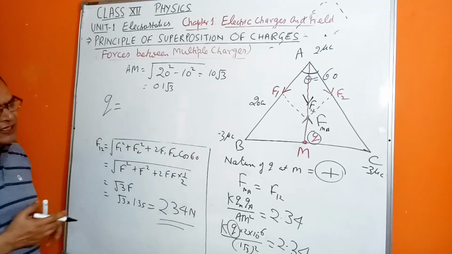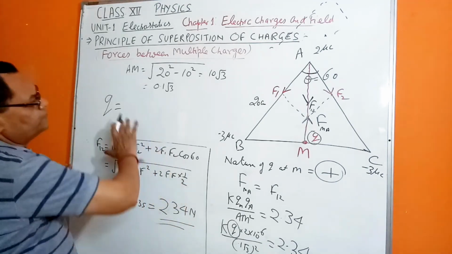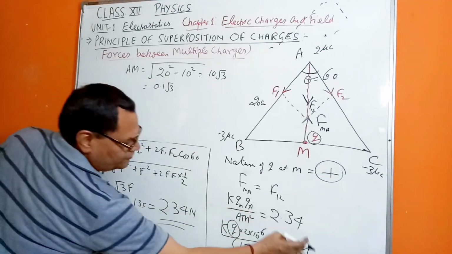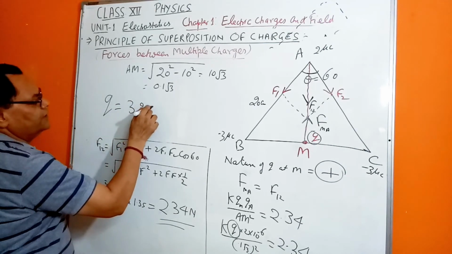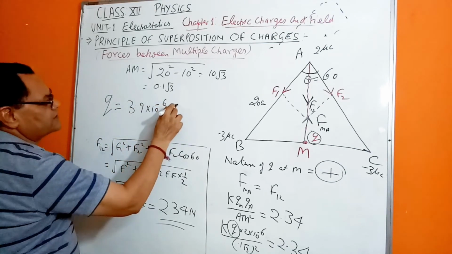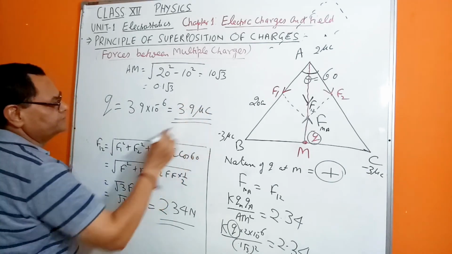So just try to get it. How much? Got it? So probably when you simplify all these steps, this may come as 3.9 into 10 to the power minus 6, or simply 3.9 microcoulomb.